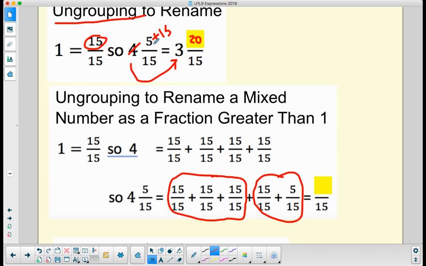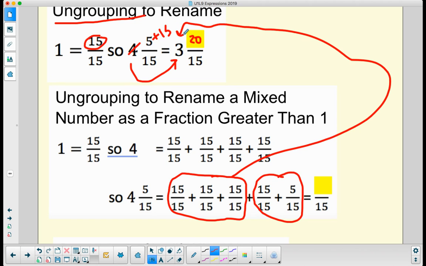My 15 15ths plus my 5 others, which is what gave me, here were my 3, and here are my 20 15ths.